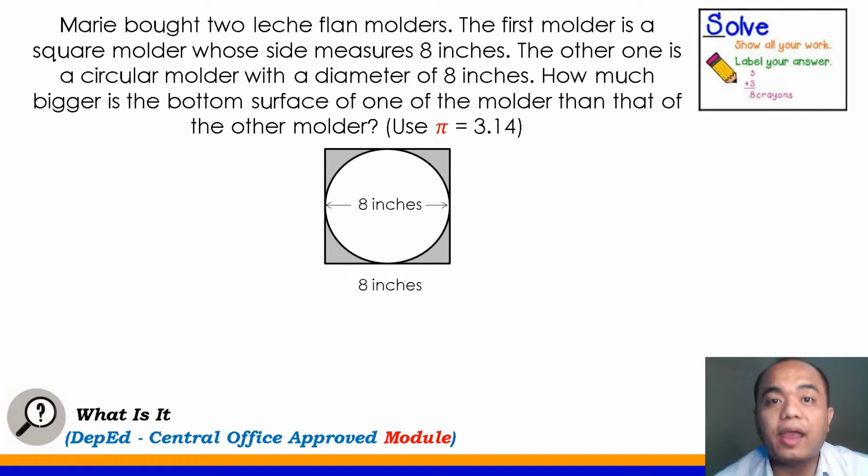Now, gamit sa mga area na nasolve natin, area ng square at saka area ng circle kanina, makikita natin na mas malaki talaga yung area ng square, di ba? Base na lang dito sa ating illustration. Ang tanong, by how much na mas malaki yung square?